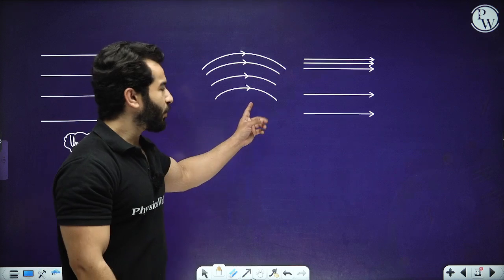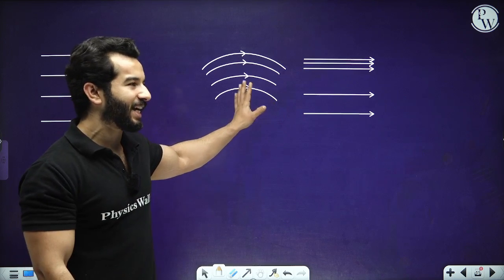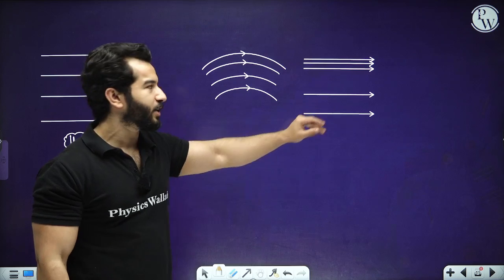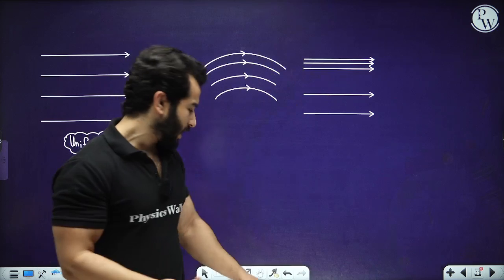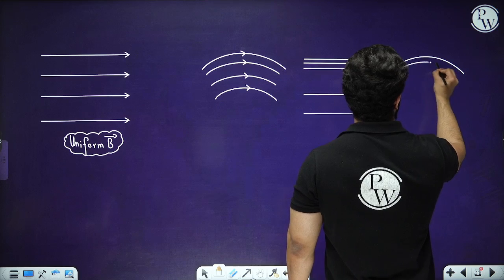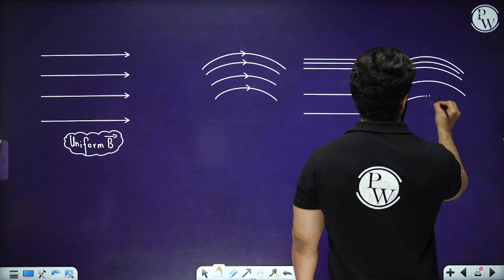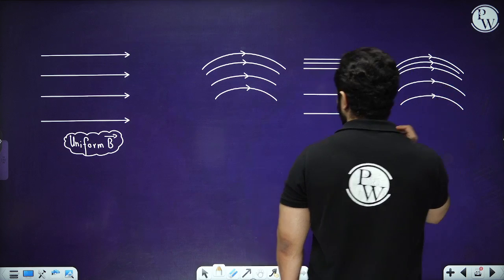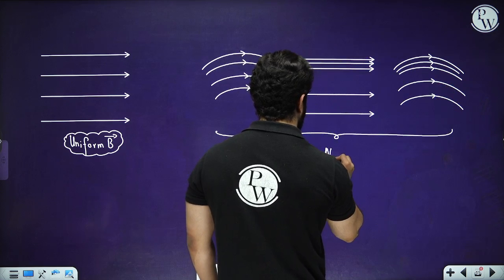In the earlier case they were equidistant, at least I tried, but here they are not equidistant though the direction is the same. And another case you can have is both things, where the direction is also not the same and they are also not equidistant. So all of these cases are for non-uniform magnetic field.